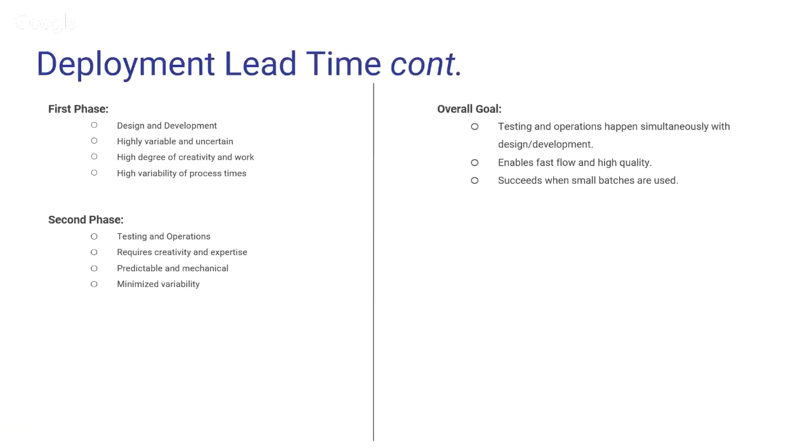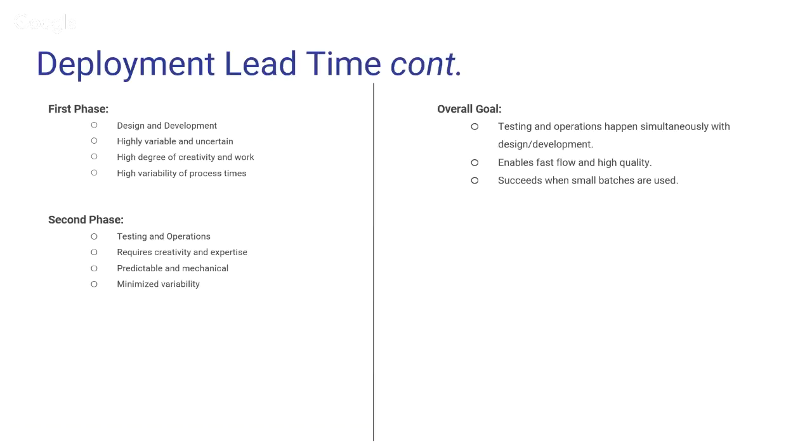So, our deployment lead time continued. We've got the first two phases here. The first phase, design and development, has a high degree of creativity and work. Process time will have high variability.